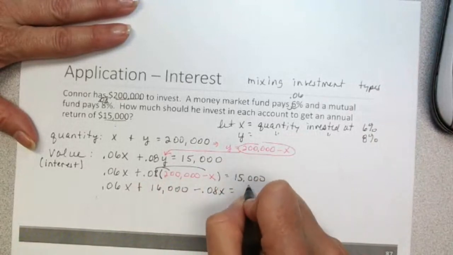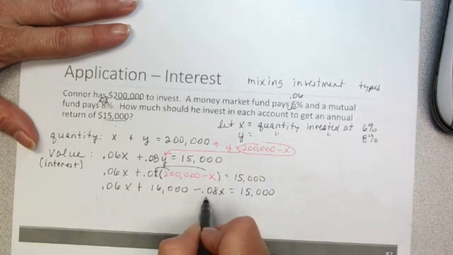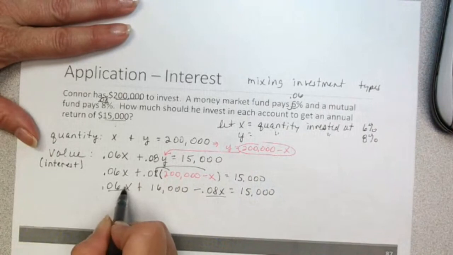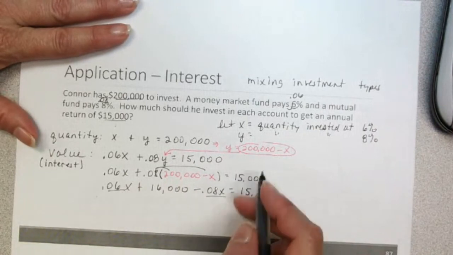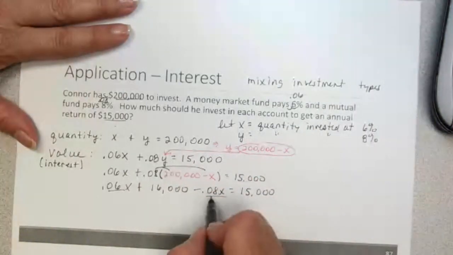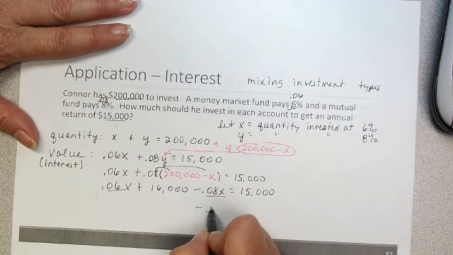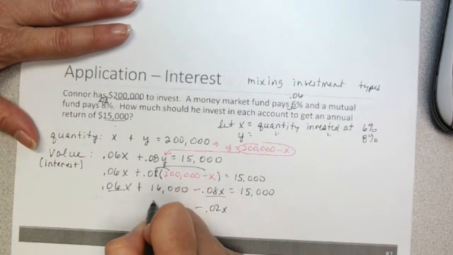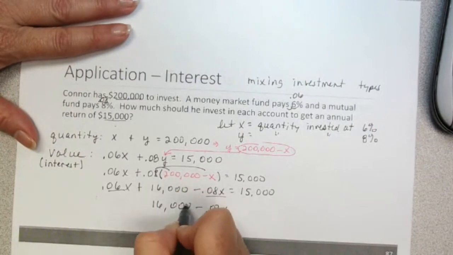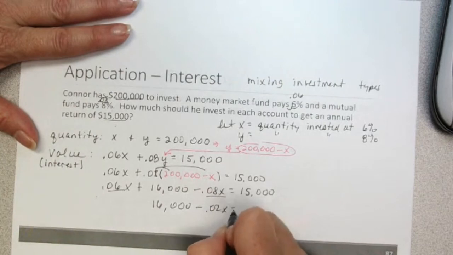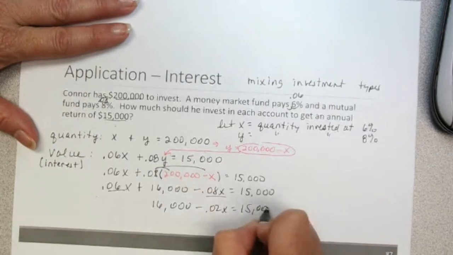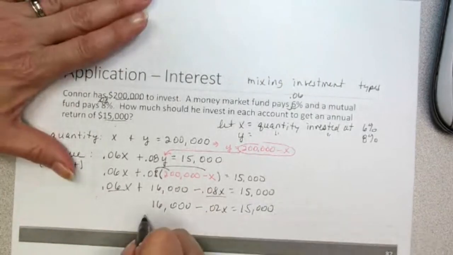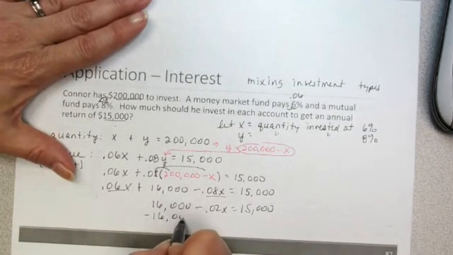And that equals 15,000. Let's combine these like terms. 0.06 and negative 0.08 is negative 0.02x. Bring down that 16,000. So 16,000 minus 0.02x is 15,000. Okay, let's subtract that 16,000 from both sides.